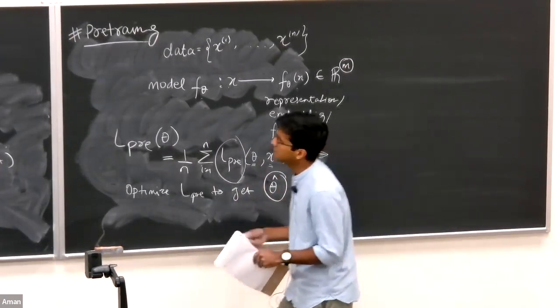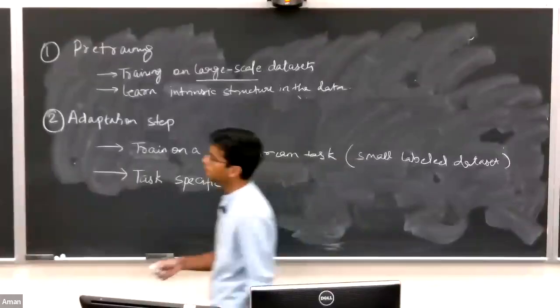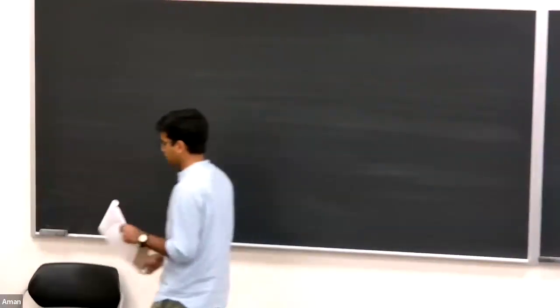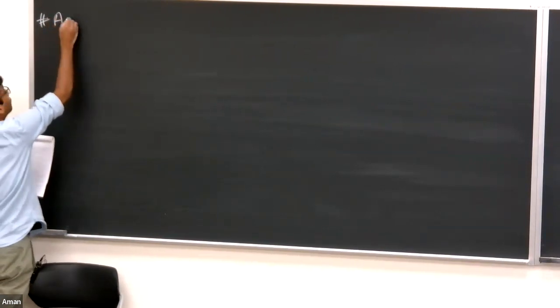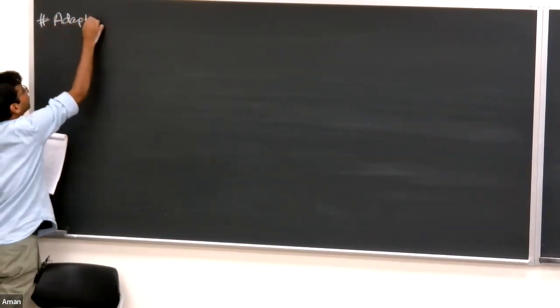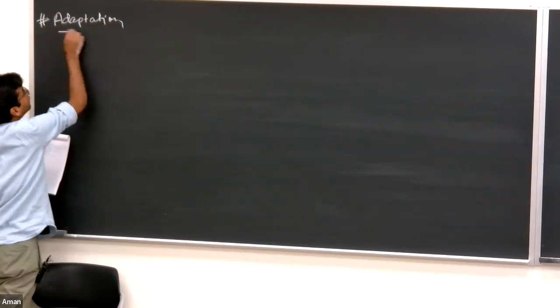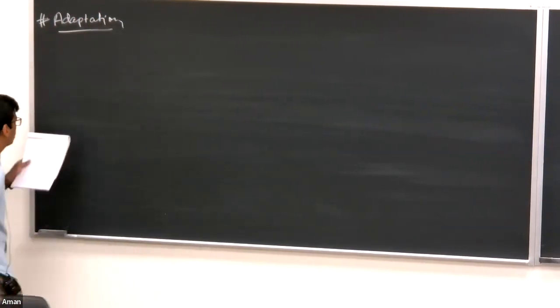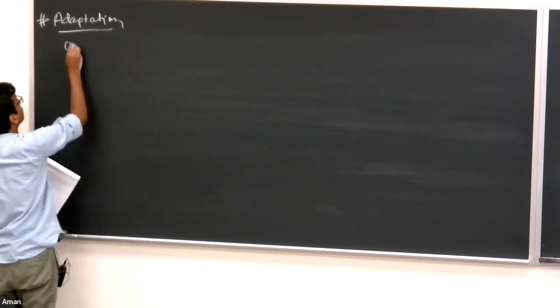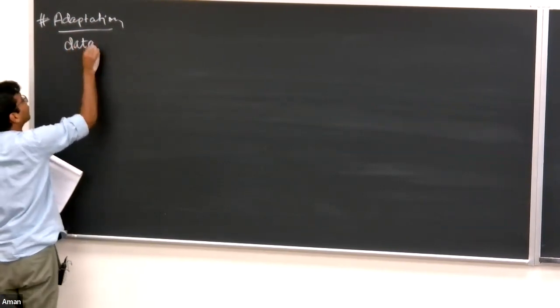You take the data and try to minimize a loss to get a pre-trained model which already has some understanding of what the data is. And then the second step is the fine-tuning step, or the adaptation step. If you recall, this is dependent on the task. So the data here is with labels.